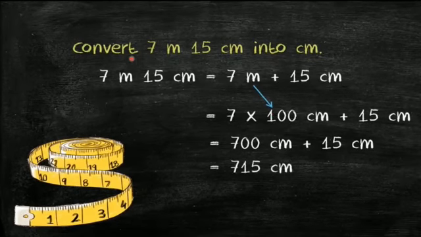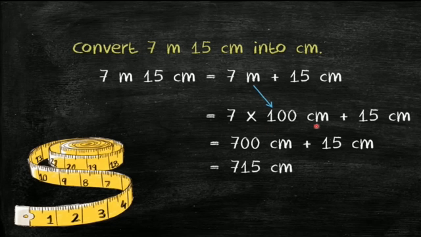Let's see one more example of it. Convert 7 meter 15 centimeter into centimeter. That means here two numbers are given. One is in meter and one is in centimeter. So first we will write it separately: 7 meter plus 15 centimeter. Here we will convert the meter into centimeter first: 7 multiplied by 100 centimeter. How?